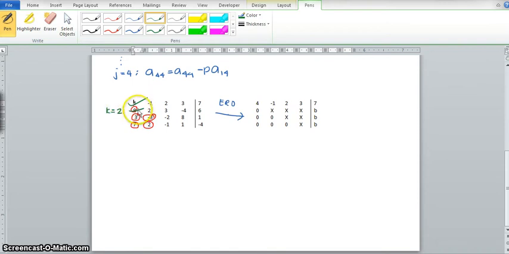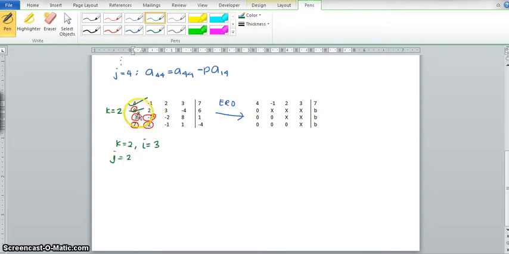So k equals to 2, and now we want to change I equals to 3, the third row. For k equals to 2 and I equals to 3, we want to change this to become 0, because this one is already 0. Now I equals to 3, for j equals to 2.